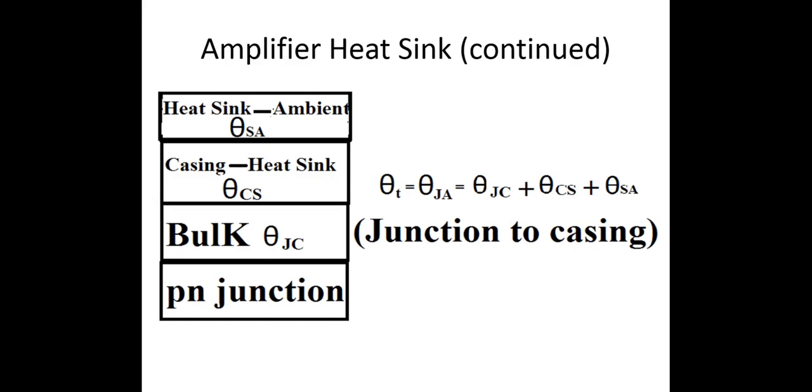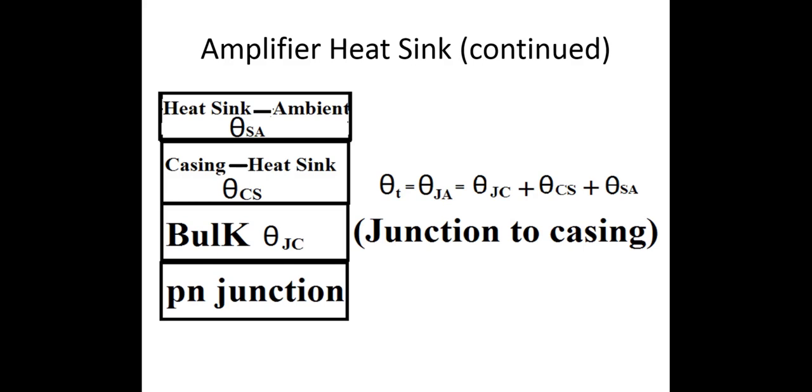So what we do, we employ a heat sink which is in direct contact with the casing. Now heat sink is constructed of materials which have very high thermal conductivity. Mostly it will be aluminum. So even though the area of cross section is very small at the casing heat sink interface, still the thermal resistance is very low because the thermal conductivity of the metal that is used in the heat sink is very good.